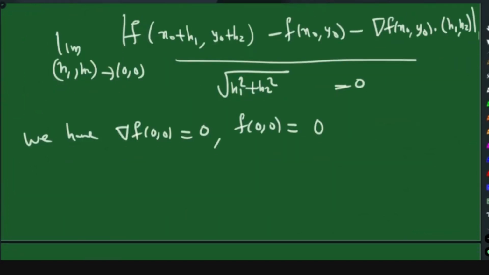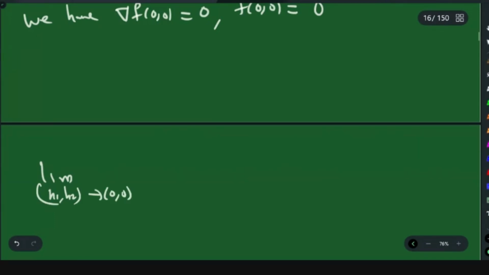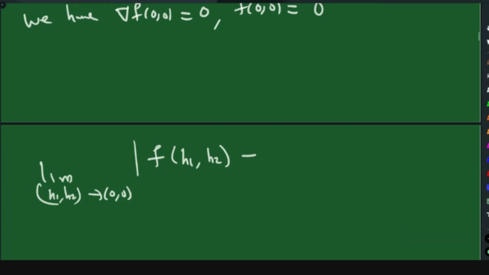This implies, you look at the limit. So consider the limit h1 comma h2 tending to 0, 0 of the modulus of f of 0 plus h1, h2 minus f of 0, 0, that is 0, minus del f at 0, 0, that is also 0.